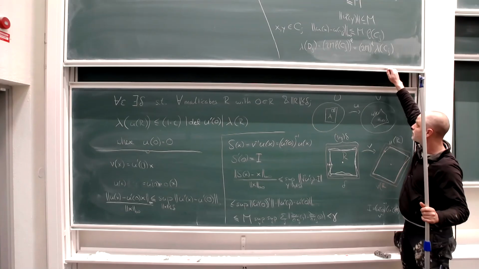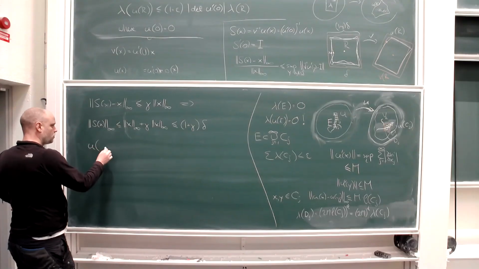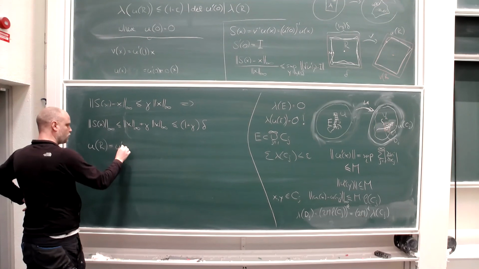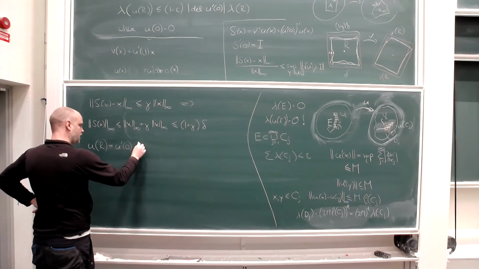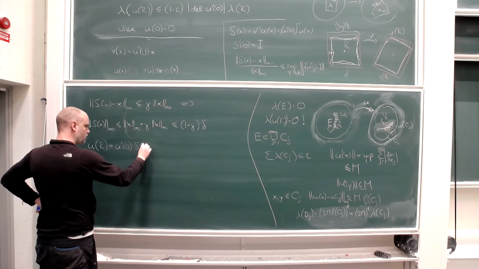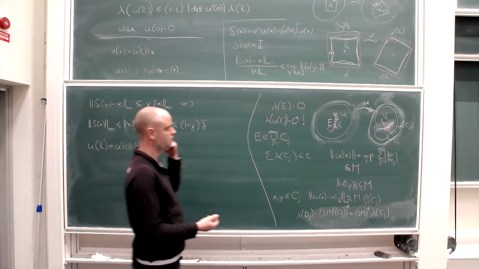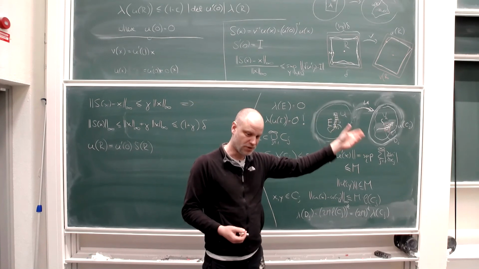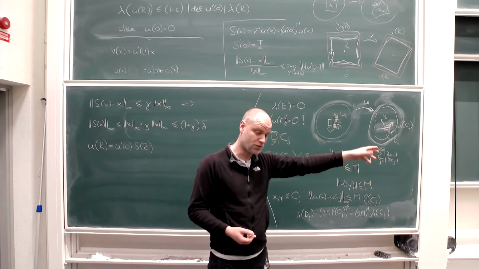So what can we do with this? Well, U of my R, that's the same as doing U prime at 0 applied to S of R. Because S sends the set through U, and then through the inverse of the derivative at 0, and then the derivative at 0 sends it back.